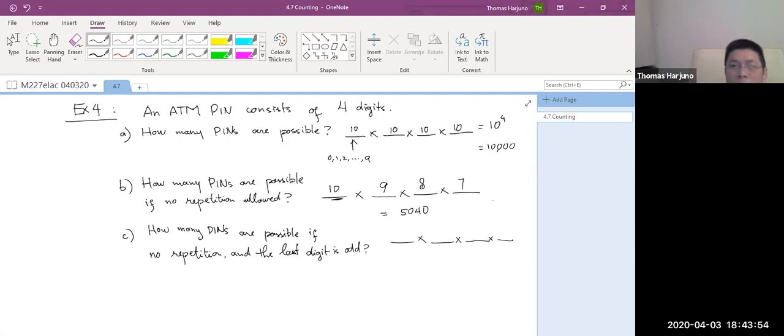Now, in this situation, we will work on the box or the position that has the strictest requirement first. In this case, we start from the last digit. How many choices of numbers do we have so that the last digit here is odd?